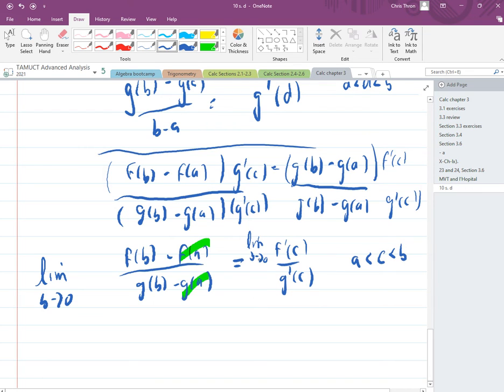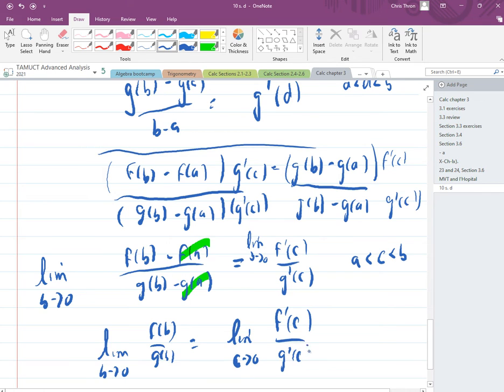So limit as b goes to 0 is the same thing as limit as c goes to 0. Okay, so we finally get limit as b goes to 0 of f of b over g of b is equal to limit as c goes to 0 of f prime of c over g prime of c.